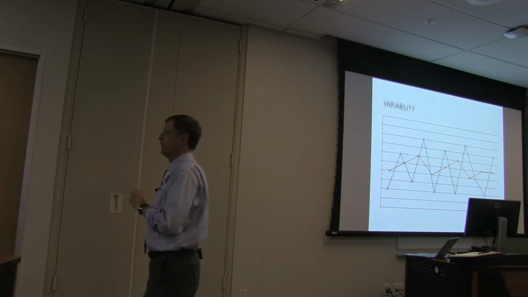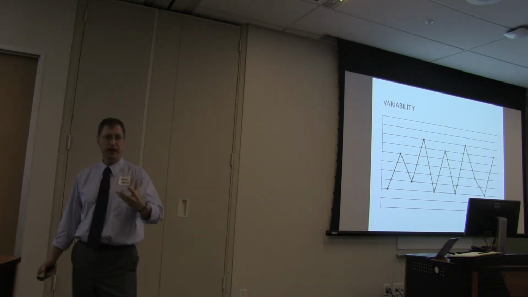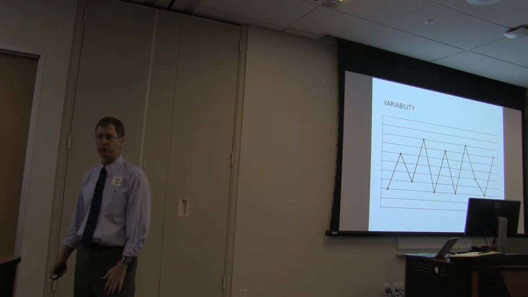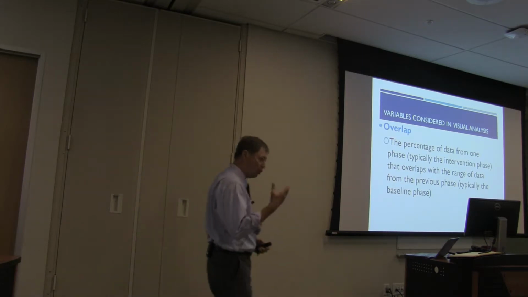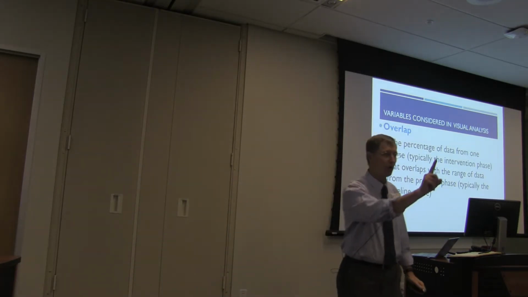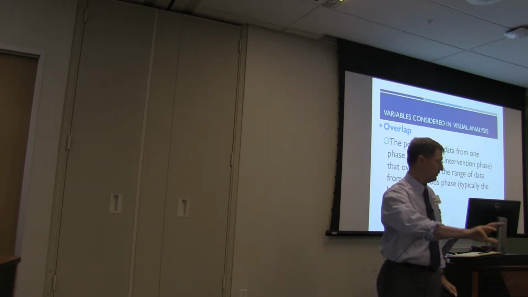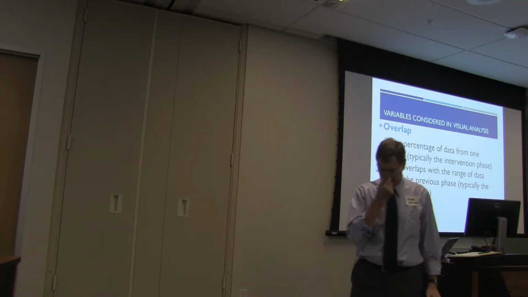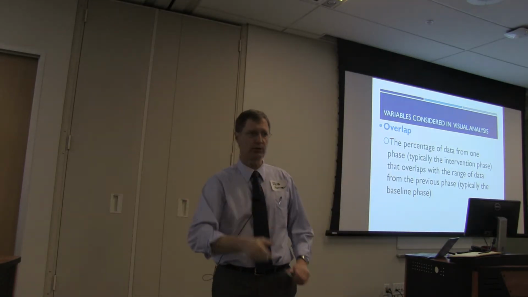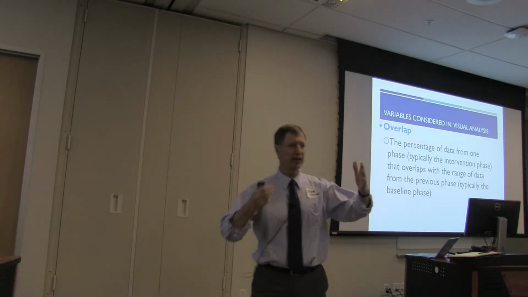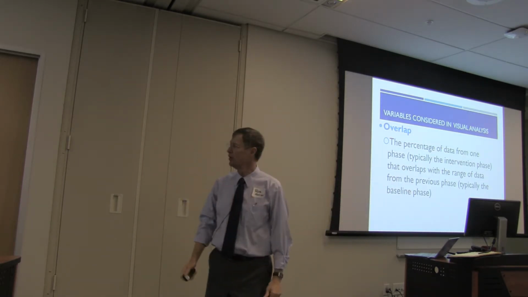Variability is also going to affect those confidence intervals. And look at what we've done so far: we're only talking about data within one phase, level, trend, and variability. As soon as you start comparing 2 phases, we want to ask how level changes, how trend changes, and how variability changes.